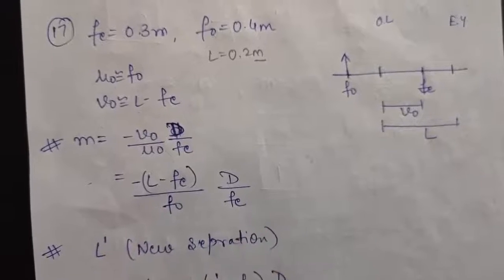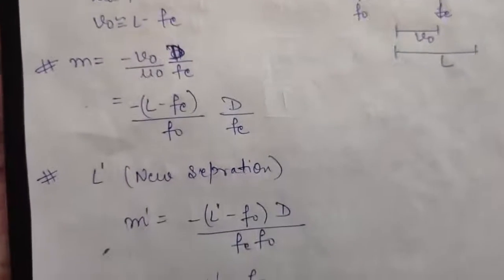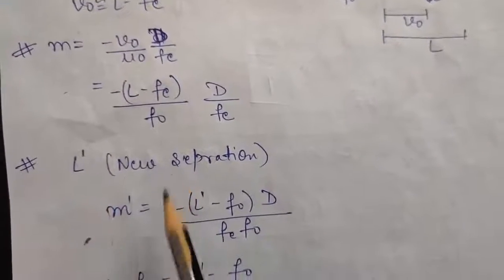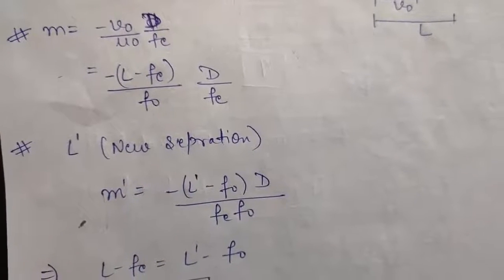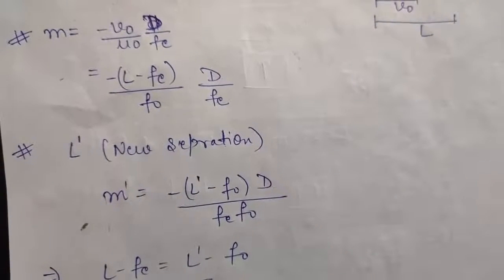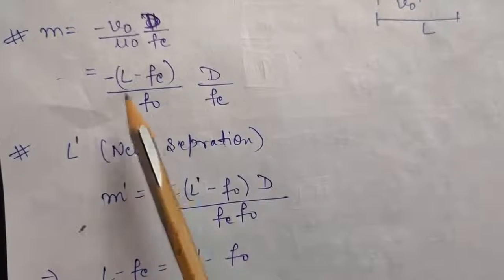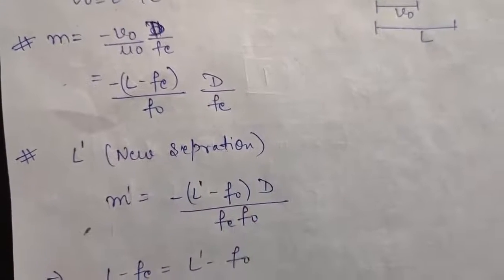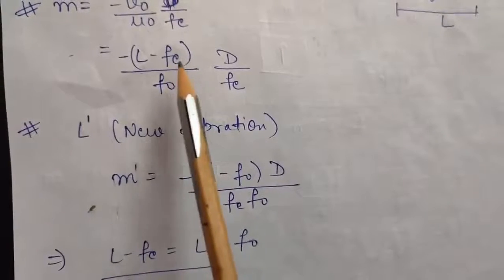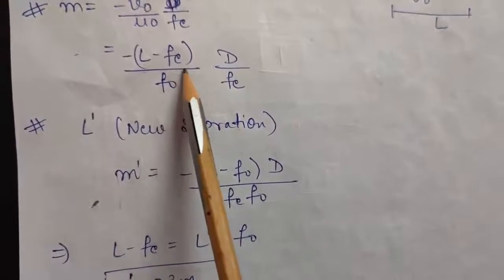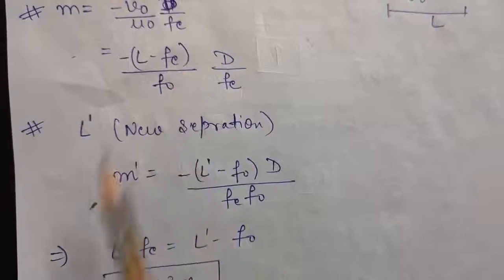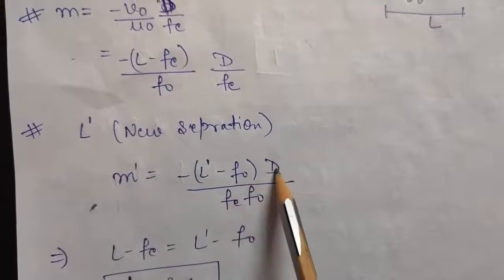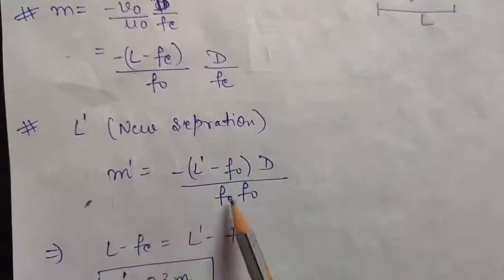Okay, let it be as it is. Now let us consider L dash is the new separation when your objective lens and eye lens are interchanged. So in that case, new magnification will be minus of, instead of L we will be having L dash minus fe. So here you had fe, but now because eye lens is interchanged by objective lens, so instead of fe we will be using f naught into d by fe, or you can say fe and f naught interchanged.